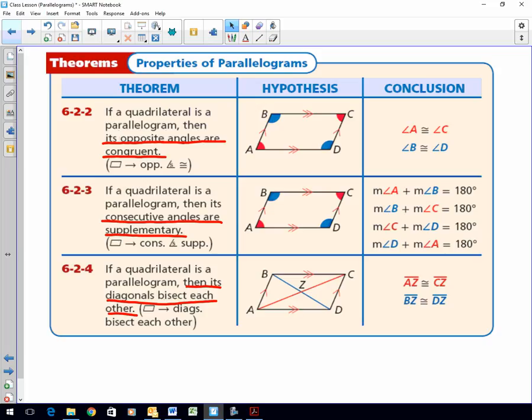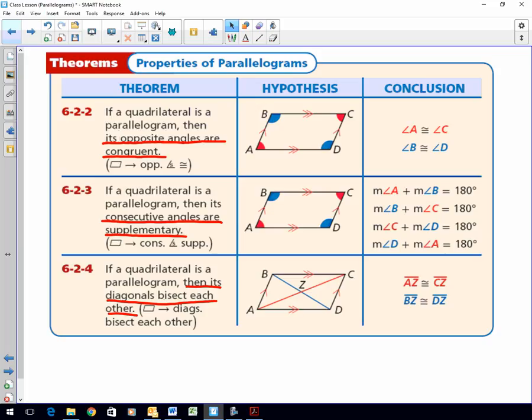The diagonals bisect each other. That's kind of simple. That means if I drew a line right here from D to B, that's a diagonal, right? If I drew a line from A to C, that's a diagonal. They bisect each other, meaning they cut each other in half.